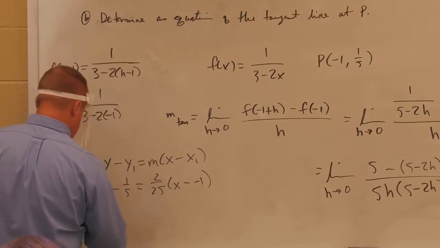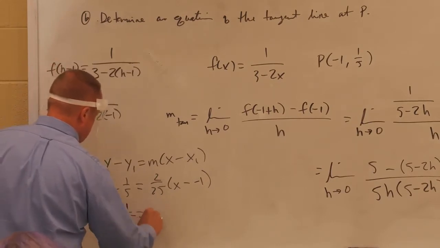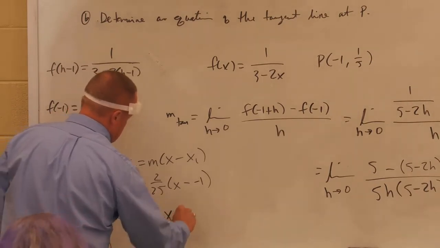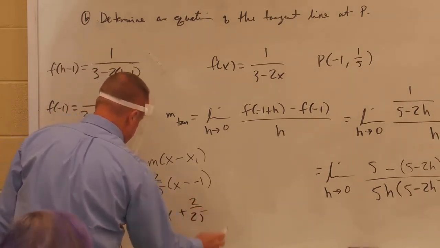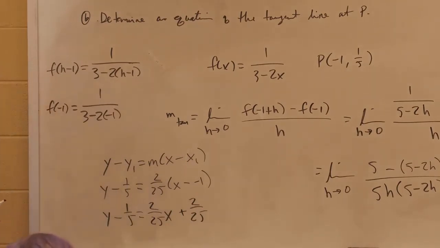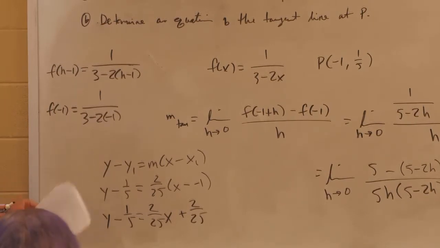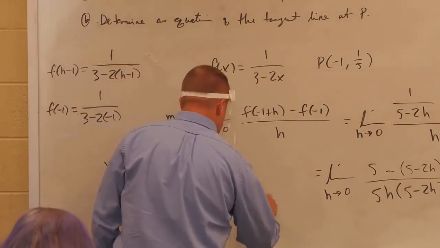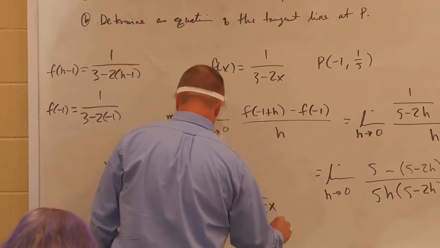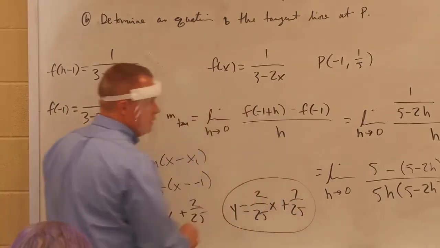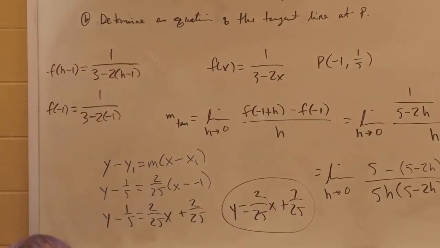So that'll be y minus 1/5 equals 2/25 x plus 2 over 25, and then add 1/5, which is like adding 2 25ths or 7 25ths, yeah. All right, so y equals 2 25ths x plus 7 25ths. All right. Questions about that one?